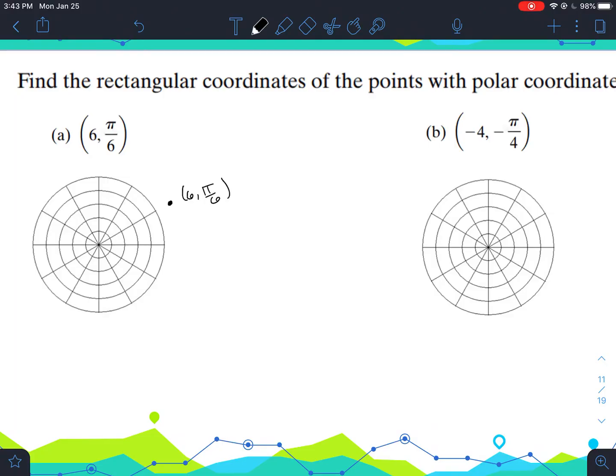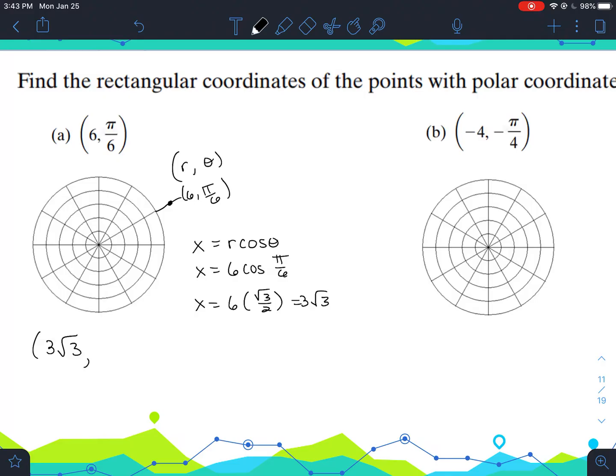If we wanted to convert that point into rectangular form, x is equal to r times the cosine of theta. So in this case, x is going to equal 6, because the radius is 6, times the cosine of pi over 6. The cosine of pi over 6 is square root 3 over 2. So x is going to equal 6 times the square root of 3 over 2, which is 3 square root 3.